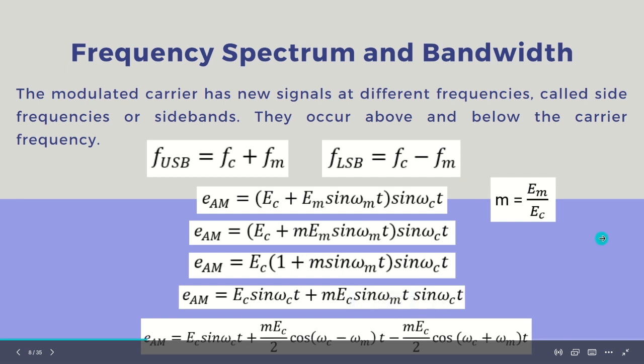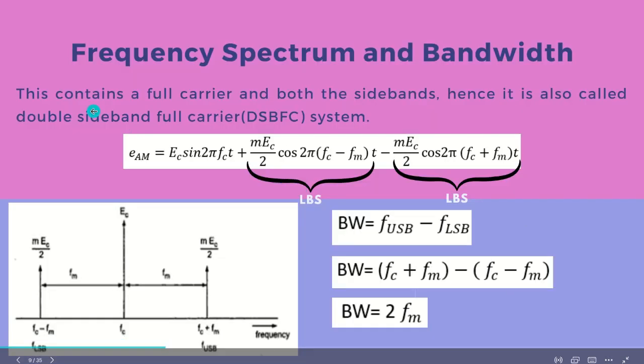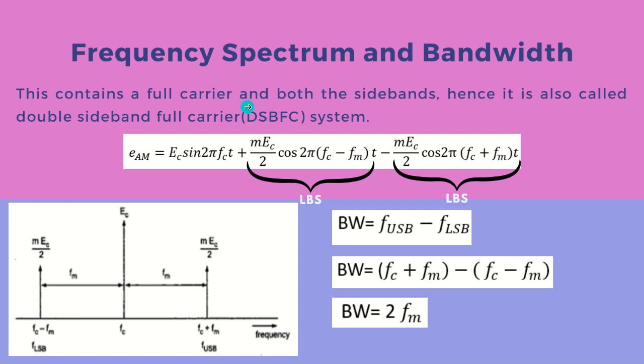This contains the full carrier and both sidebands, hence it is called a double sideband full carrier system.